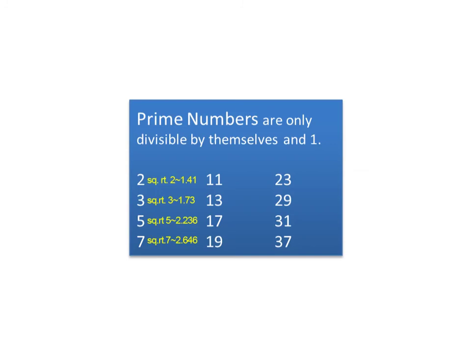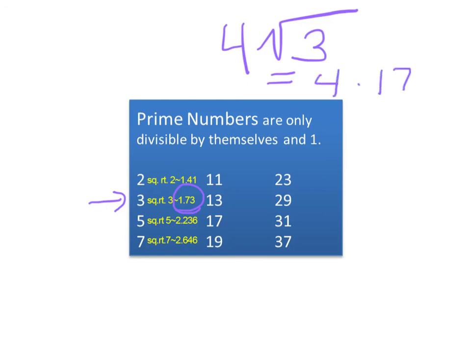Well, if you want a decimal number, luckily we have calculators and they've been figured out. You can keep going on and trying by hand what times what equals it, but the square root of 3 is 1.73. So in our prior one, we had 4 radical 3, and that would translate to 4 times 1.73, which my handy-dandy calculator says is 6.92.